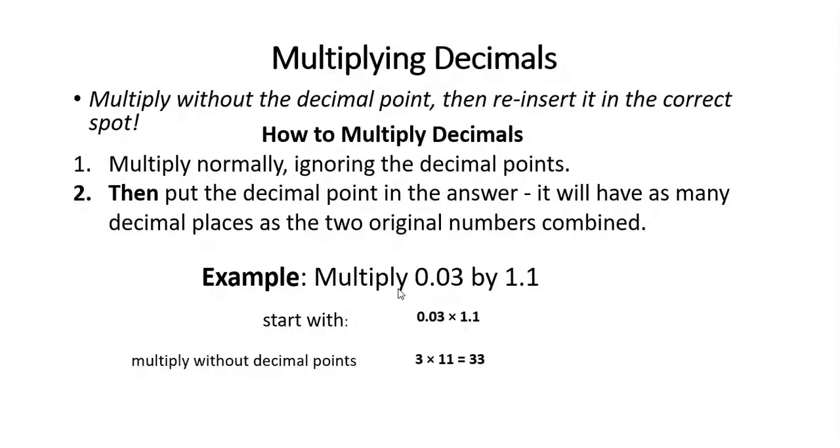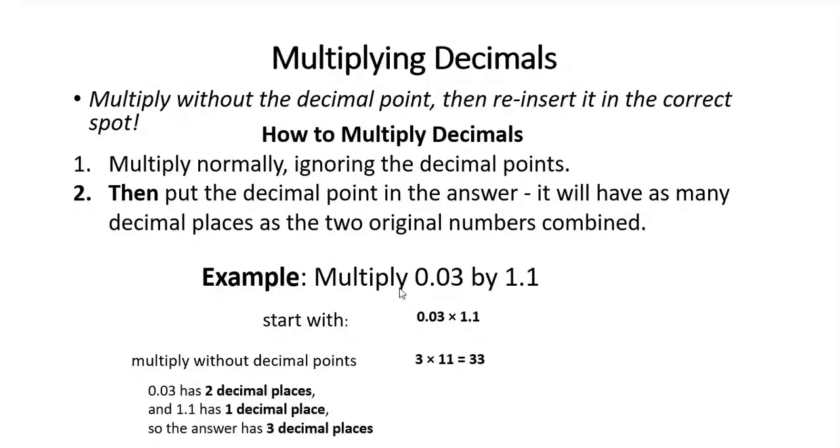You see, what have I done? I have removed the decimal points. Meanwhile, I have noted the number of times I removed them. For the 0.03, I've removed the decimal point twice, and for the 1.1, I've removed the decimal point once. So in the answer, I must return it back 3 places of decimal.